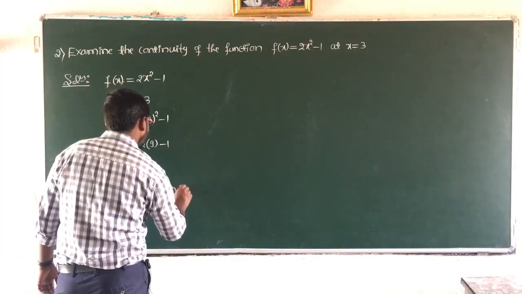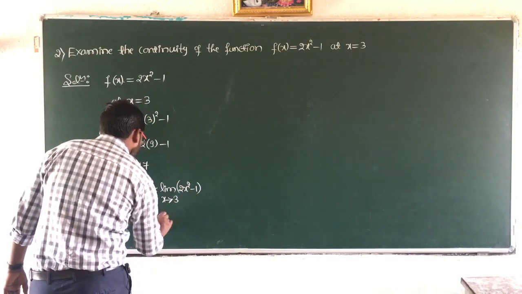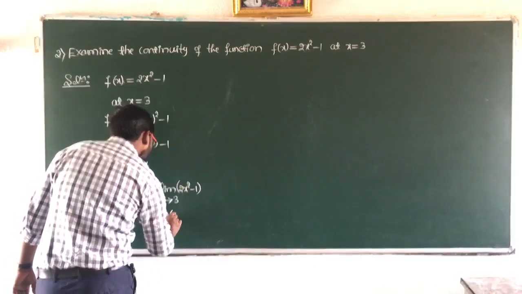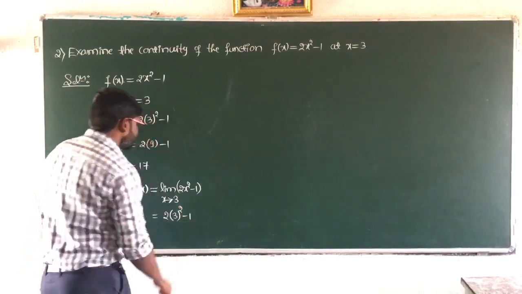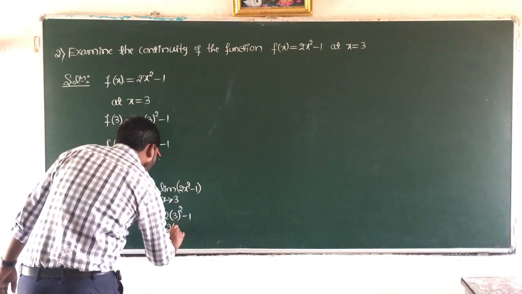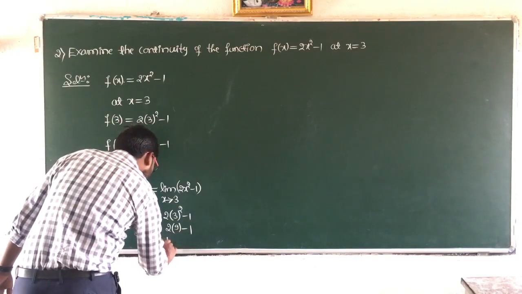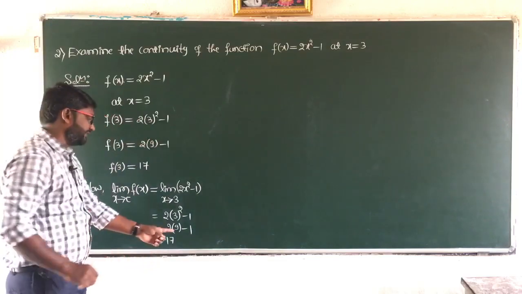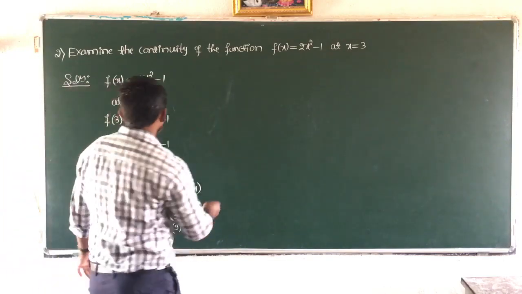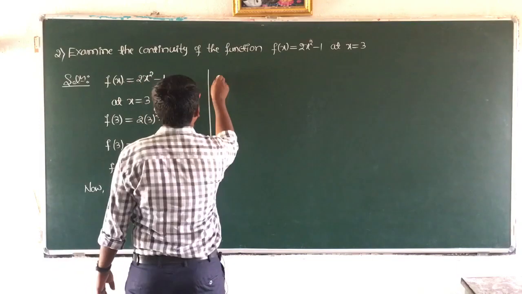It is 2x square minus 1. So now this will give us 2 into 3 square minus 1. So it is 2 into 9 minus 1, then it is 17. 2 into 9 is 18, minus 1 is 17. So here the value of the function and the limit of the function are equal.